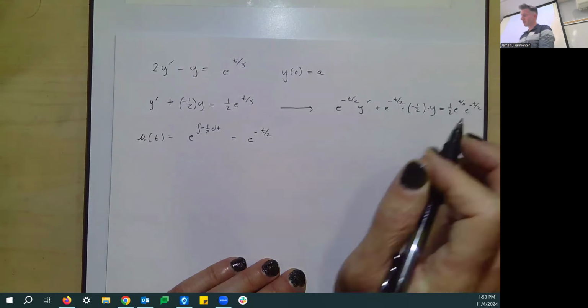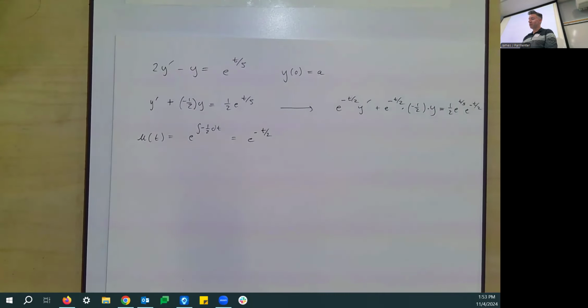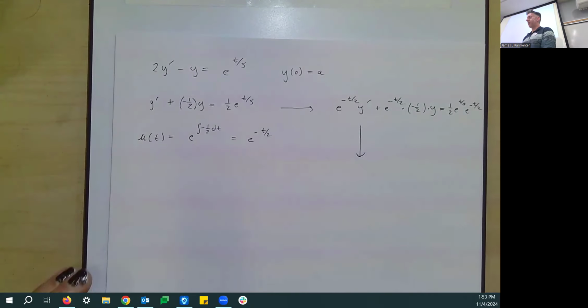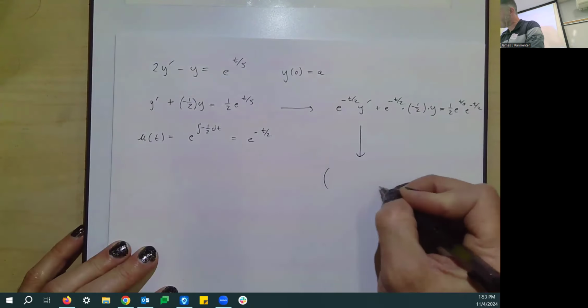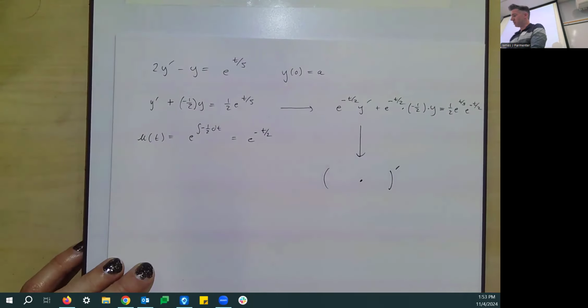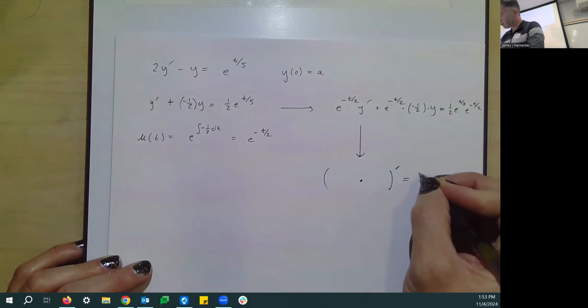Okay, barely. Let's do two things at once here. The left-hand side, we're definitely going to write as a derivative. Everybody should fill this in. What two things go inside there multiplied together? And while you do that, I'm going to simplify the right-hand side.